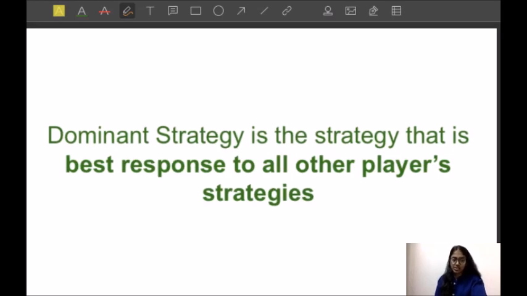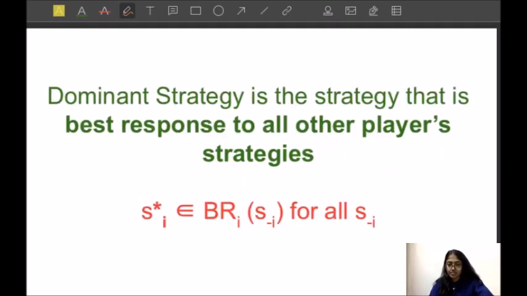So, hence we can write that a dominant strategy is a strategy that is the best response to all other players' strategies. Let's see this mathematically. Here I is the number of players in the game. It could be 5, 7, 10, any.